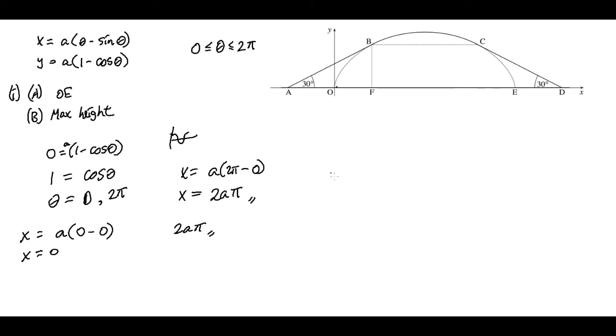Let's see, because this is a symmetric graph, I know that the x is halfway through this, so x is equal to a pi. And so by equating this equation with this equation, and just cancelling the a, pi is equal to theta minus sine theta.